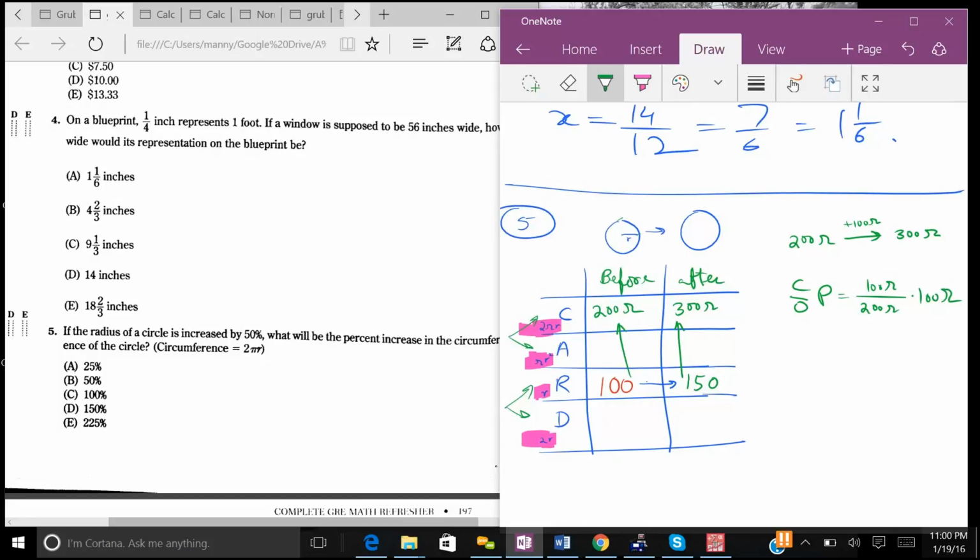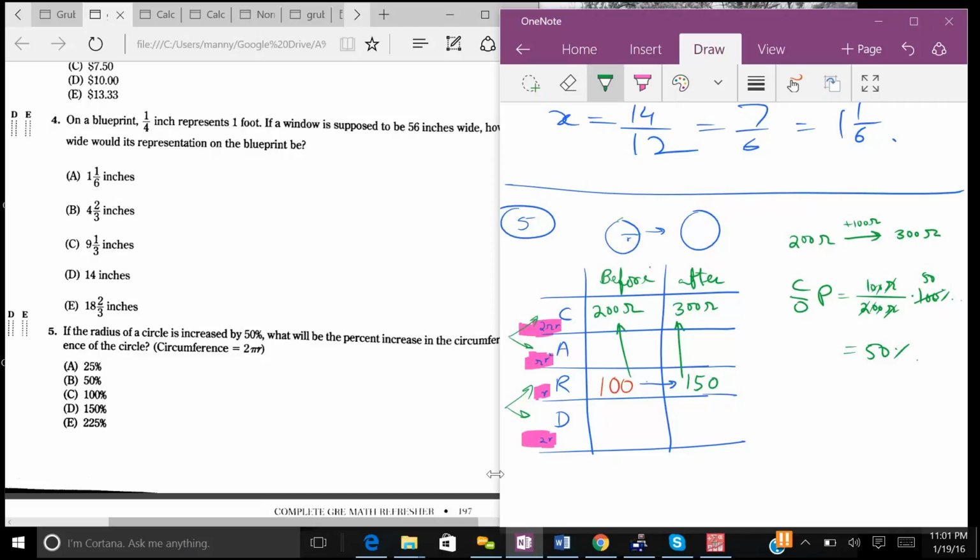Not pi, 100%. Now you start cancelling things: 0, 0, 0, 0, and 2 into 100 is 50%. So that equals 50%. It's the same thing actually. Make sense?